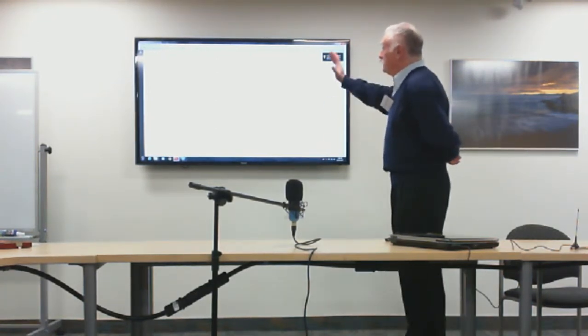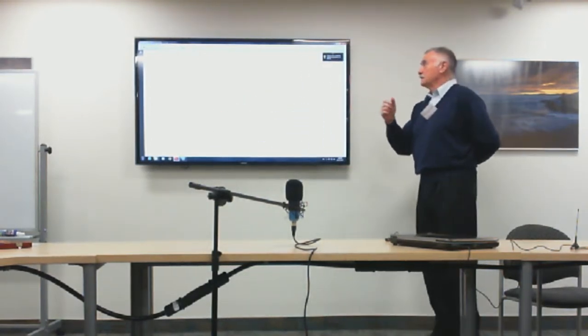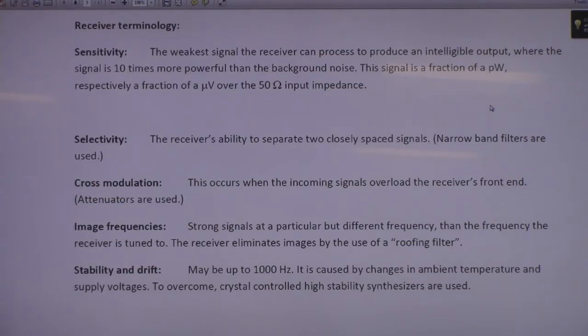Okay, so the next feature of a receiver is selectivity. That's the receiver's ability to separate two closely spaced signals. The electronic device that provides selectivity to the radio is the filter.